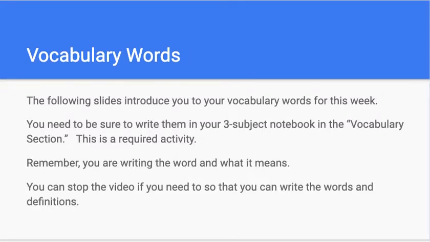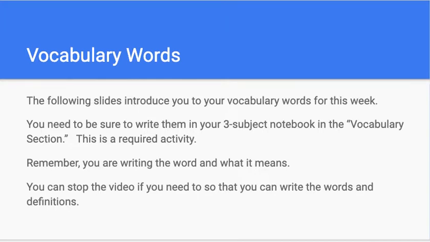So the following slides will introduce you to your vocabulary words for this week. You need to be sure to write them in your 3-subject notebook in the vocabulary section. It is a required activity, don't forget that. We do take grades on this, so you need to make sure that you get that done. Remember, all you are writing is the word and what it means.